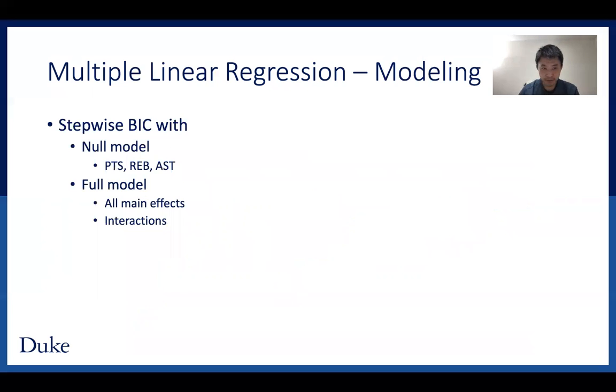And in the modeling, our approach is that we first use the stepwise BIC, and our null model is points, rebounds, assists. We think that these three traditional statistics are fundamental when players negotiate their contracts. And the full model will include all main effects and interactions. We think that is interesting.